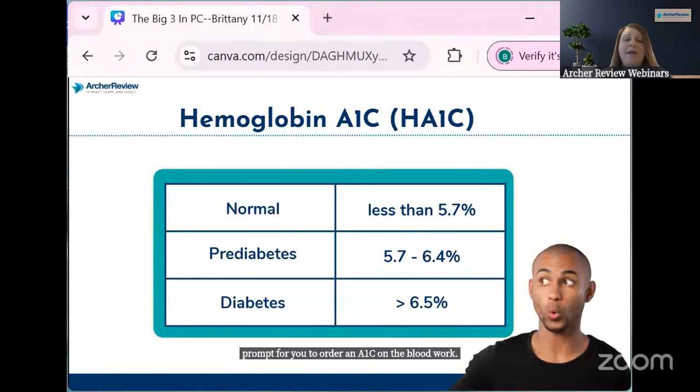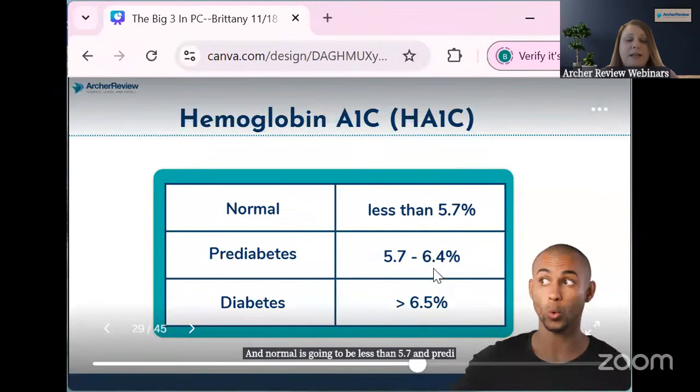If they have a fasting blood sugar above 126 on 2 readings, they probably will be classified as diabetic. Also, ideally, we get an A1C on our patients if that fasting blood sugar is over 100. Normal is going to be less than 5.7. And pre-diabetes, they'll cross that threshold at 5.7 to 6.4.